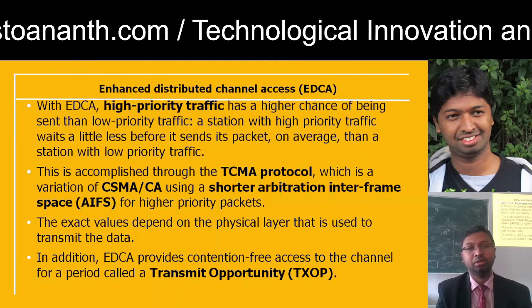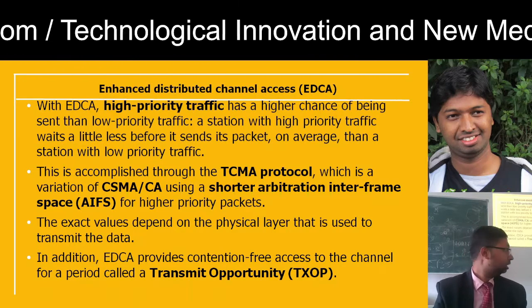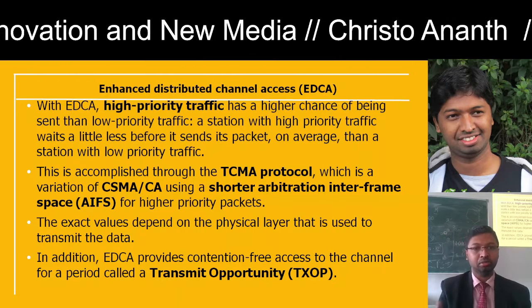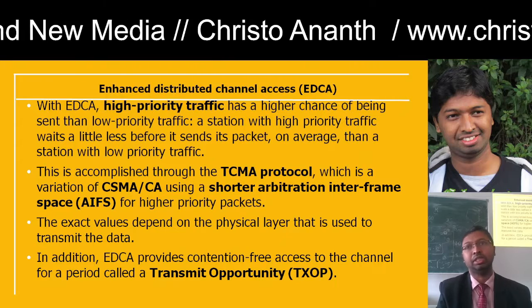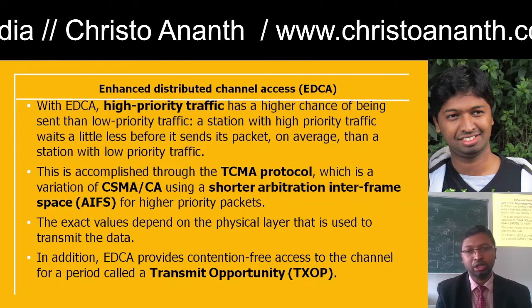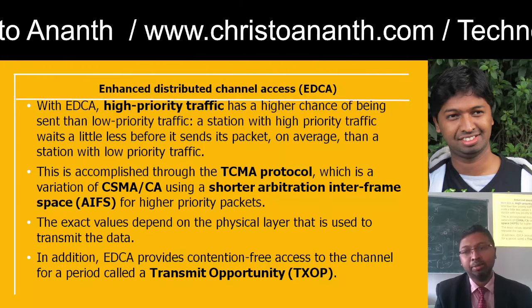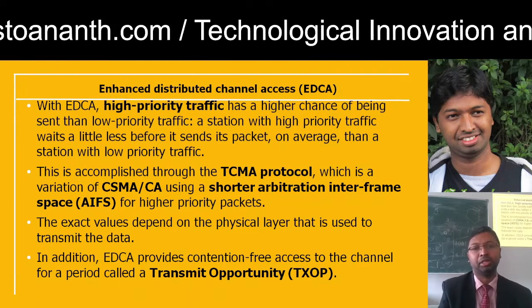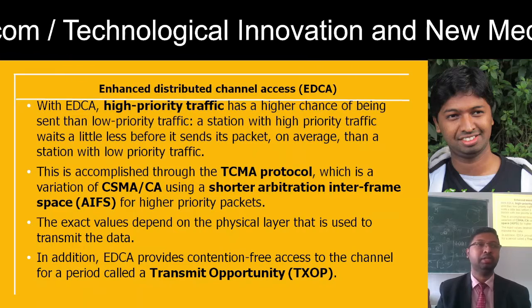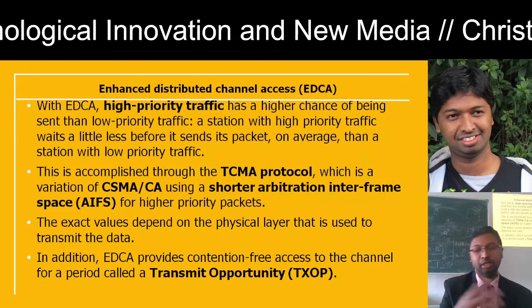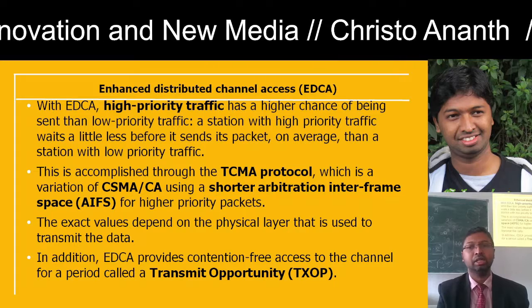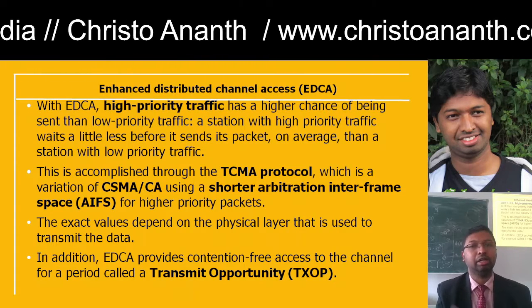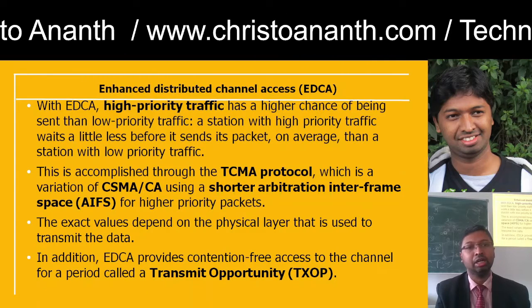You can accomplish this by the traffic control media access protocol, which is a variation of CSMA, carrier sense multiple access with collision avoidance, using the arbitration interframe space, AIFS, for the higher priority packets. Higher priority traffic will wait less time before sending than the lower priority traffic.